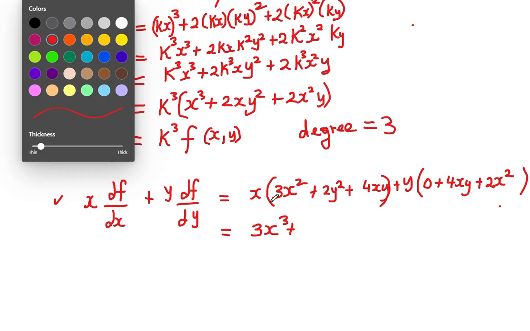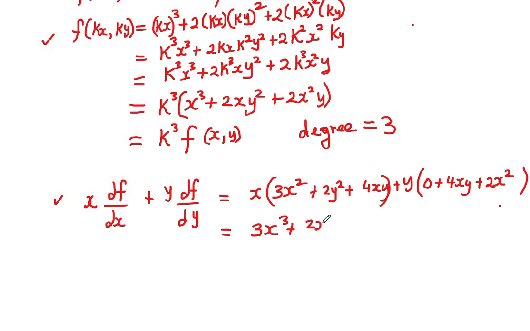Right, so x multiplied by 3x squared is going to give us 3x cubed, and x multiplied by 2y squared is going to give us 2xy squared, and x multiplied by 4xy is going to give us 4x squared y.